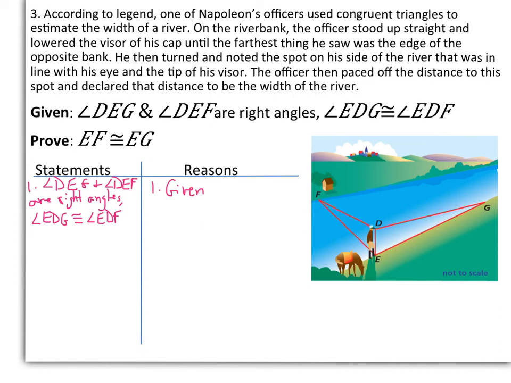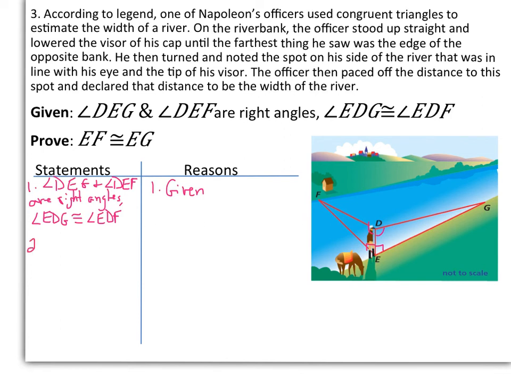All right, now let's go ahead and mark our diagram. So angle DEG is a right angle, and so is angle DEF. So go ahead and put our right angle symbols in. And angle EDG is congruent to angle EDF.